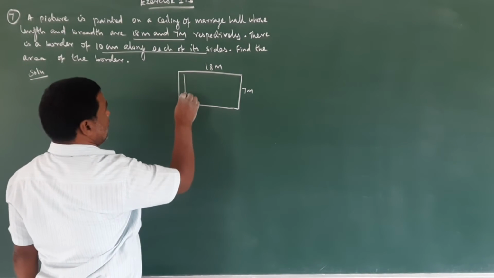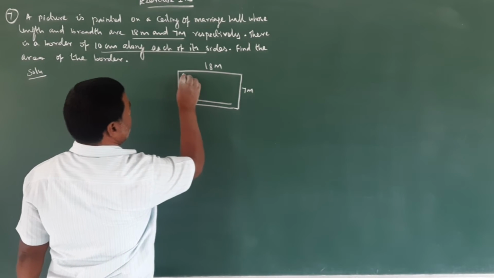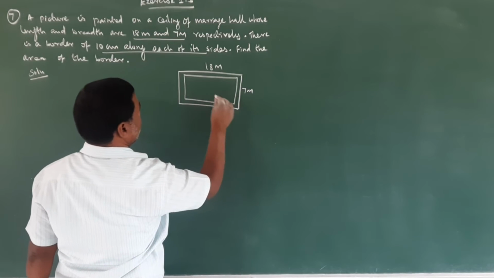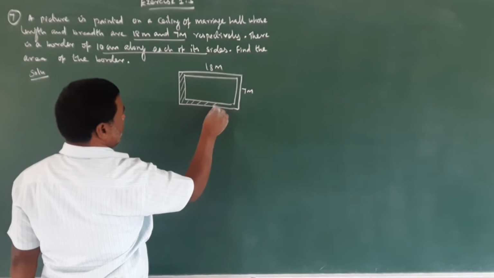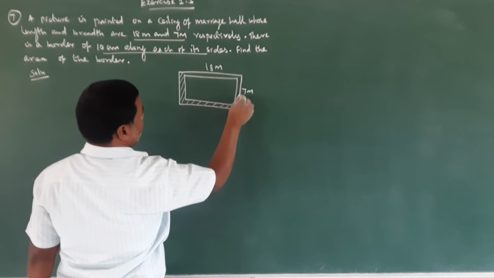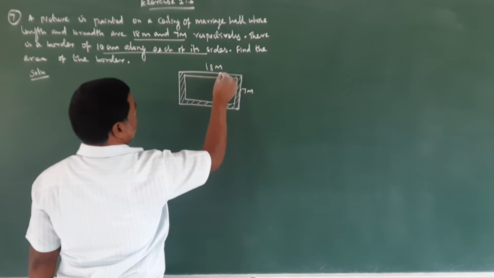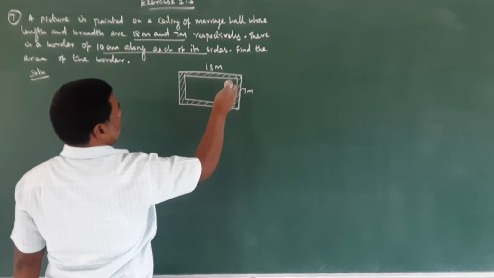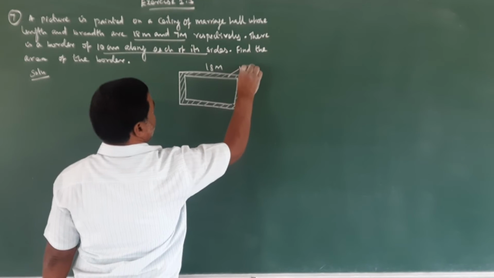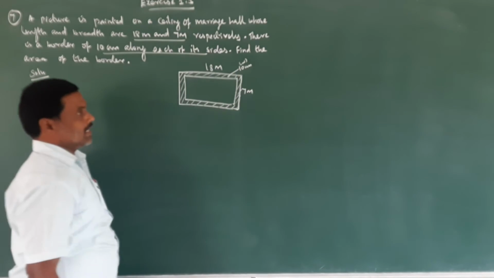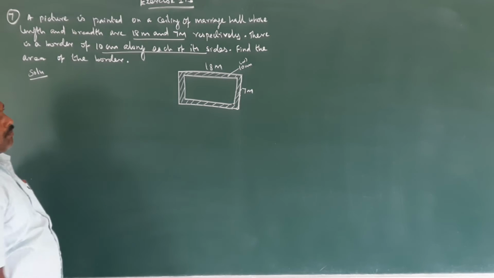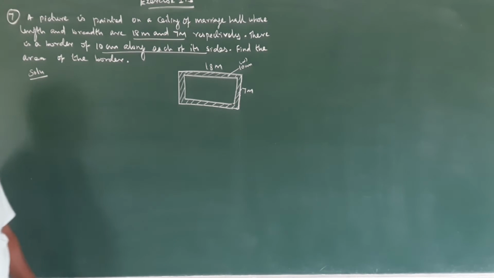The 10 centimeter border. 10 centimeter border width, W equal to 10 centimeter. Now four sides are the same.